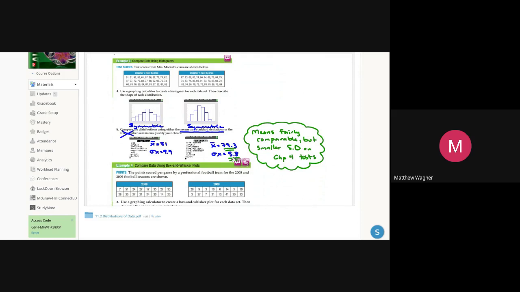But if you notice, the standard deviation of chapter 4 is a lot smaller. So what that means is, our means are about the same, but the spread of students on the chapter 4 test is a lot more confined than the chapter 3 scores. That's just getting at the spread of students.